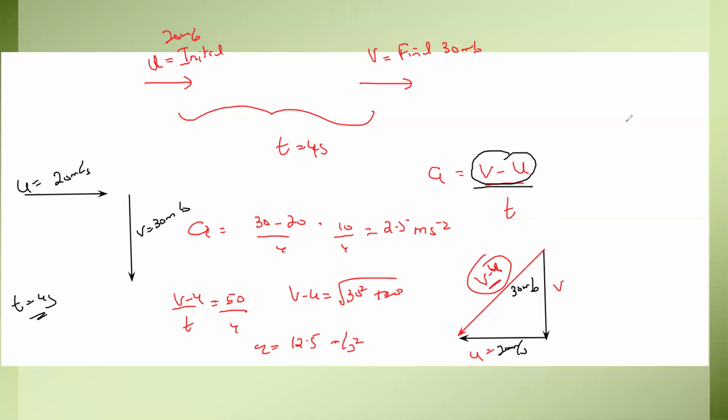First we drew vector v, then we drew vector negative u. The v minus u from the tail of the first to the head of the last, that was v minus u, and this is a hypotenuse. That's why we use the Pythagoras theorem. The magnitude, this was 30, and even if you substitute minus 20, it is squared, so it won't make a difference. We'll get the same result.